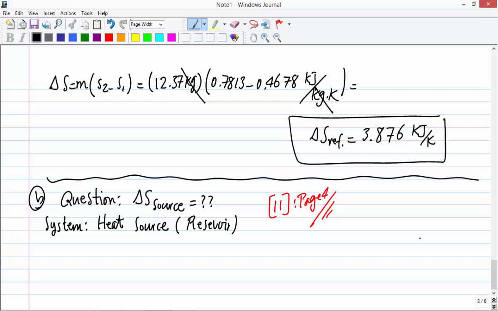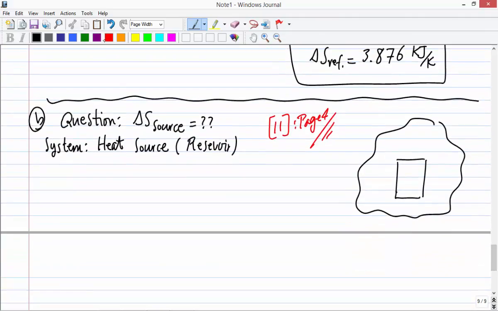So my system would be the rest, the environment, the surrounding, not the tank, whatever is other than the tank. And the system is losing heat, so it's Q out, and therefore entropy is going to leave the system and go into our previous system, which was the tank content.